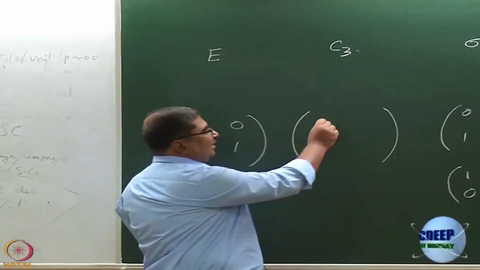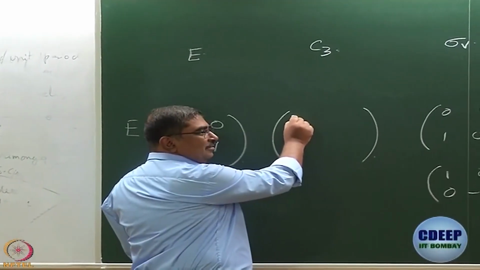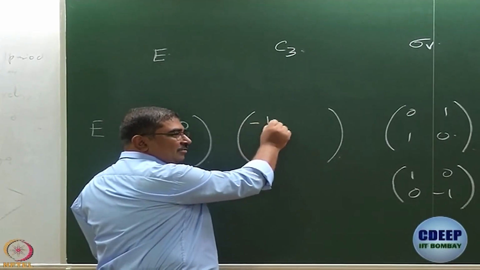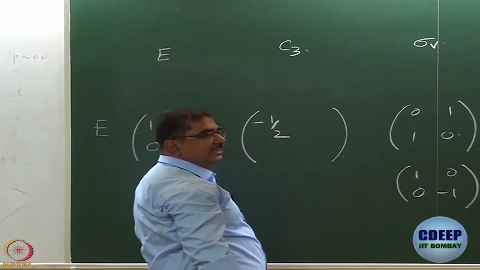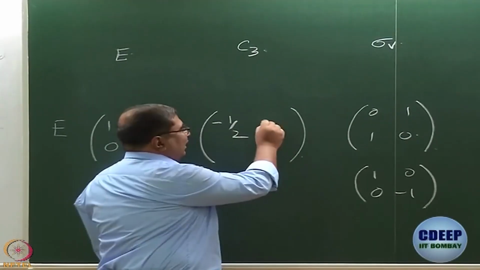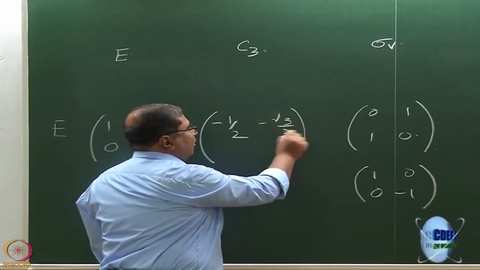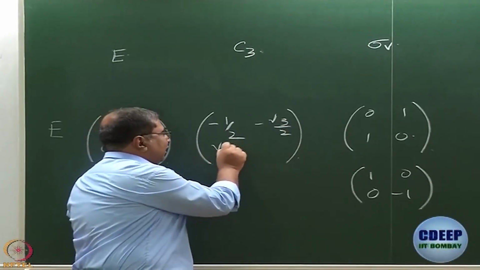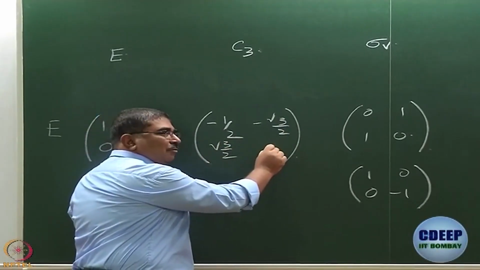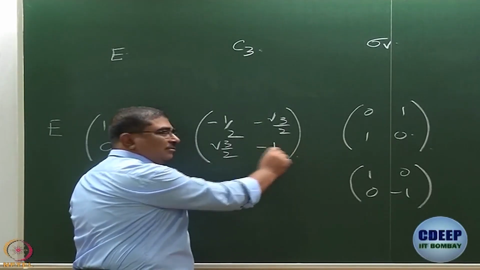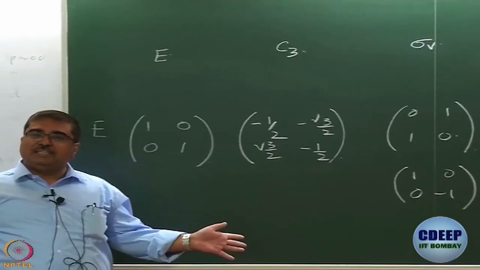So, what is cos theta? Minus half. What is minus sin theta? Minus root 3 by 2. What is sin theta? Plus root 3 by 2. And cos theta again is minus half. This is the transformation matrix.